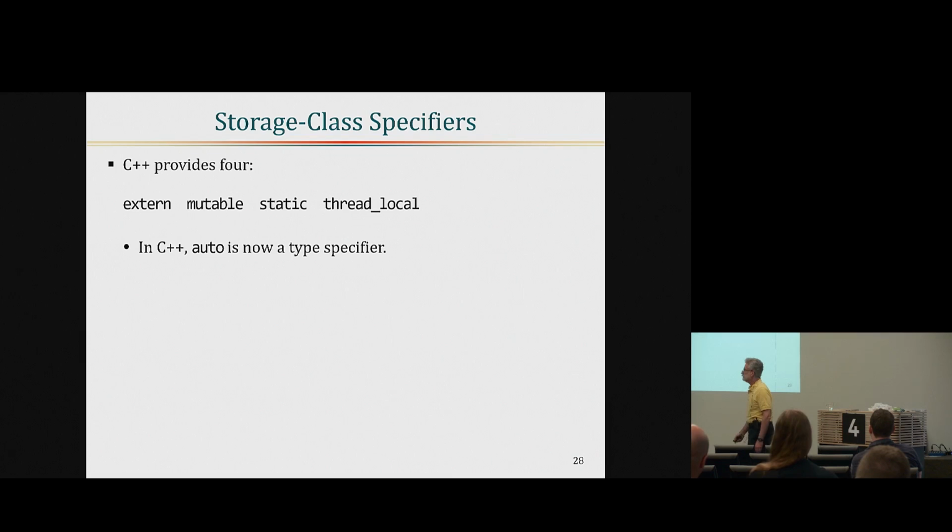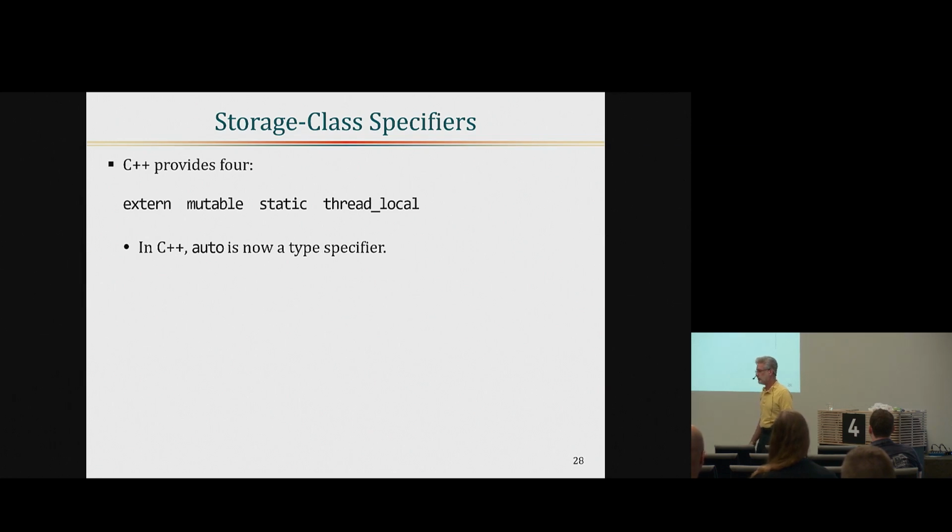What happened to auto? That was back there in the list from C. Auto has been a storage class specifier in C since C was C back in 1972. And nobody uses it. The only valid place for using the keyword auto in C is to declare a local variable, and the default, if you don't put the auto there, is auto.